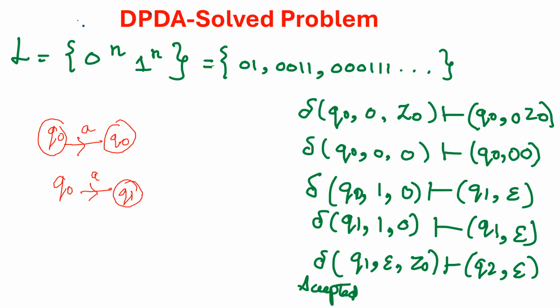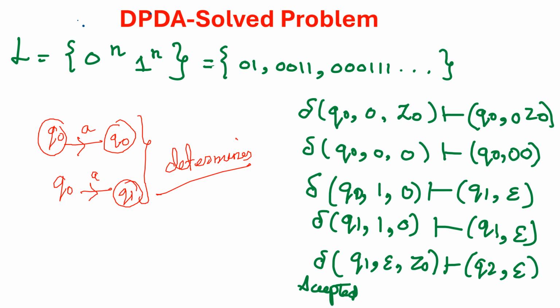This state must be unique, so this is called deterministic. The same scenario we have to apply here. Already we have seen non-deterministic as well as deterministic finite automata. Here we have to ensure the same thing while implementing the rules.